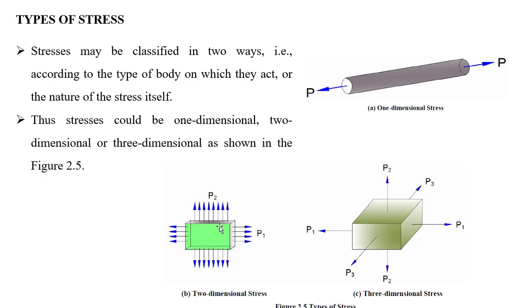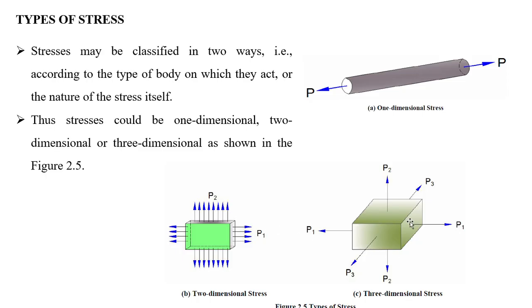Bodies which have negligible thickness, like retaining walls or dams, resist the water force from the backside, and stresses will be generated in the lateral directions, in the direction of x and y. If you apply the water force in the z direction, the stresses will be generated in the x direction and also the y direction. Why? Because in the z direction, the thickness of that particular dam will be very negligible when compared with the other two dimensions.